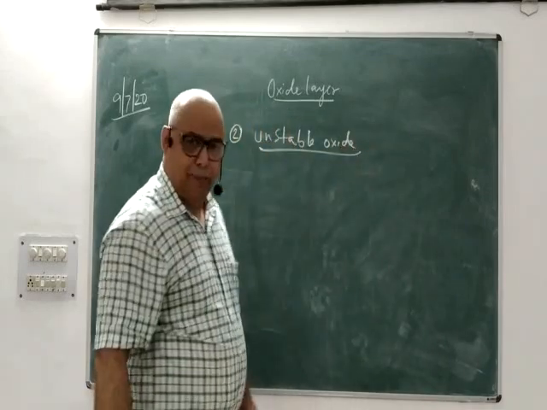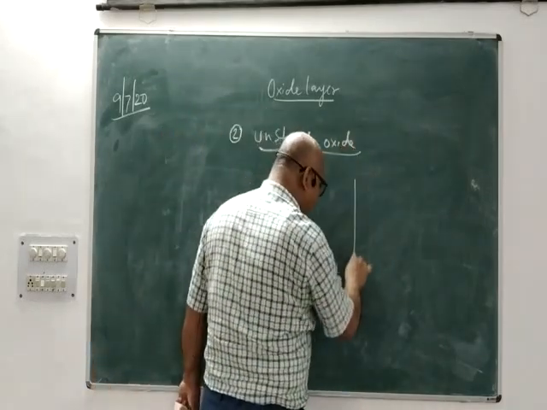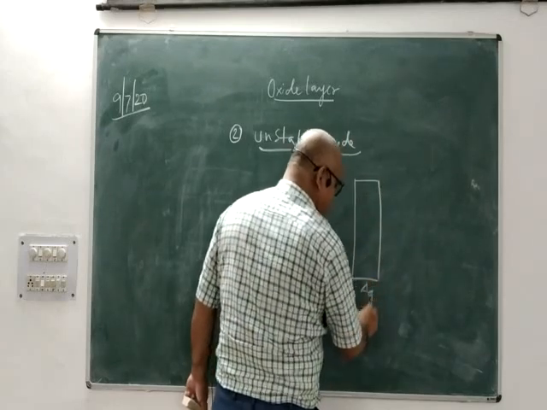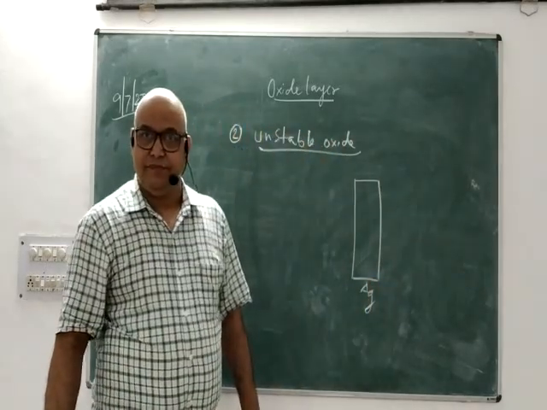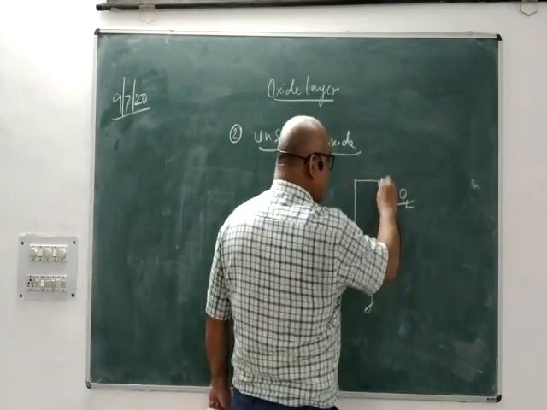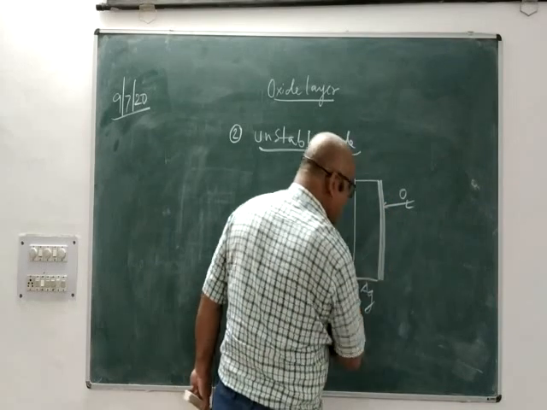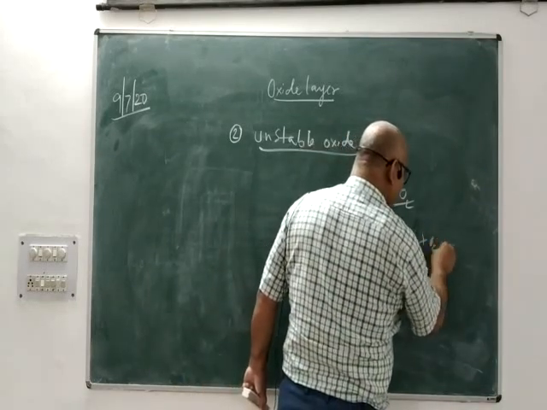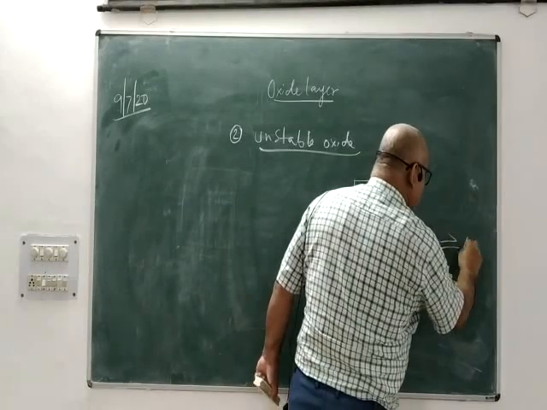What does it mean? Suppose you have made a metallic structure made of silver. Oxygen is there in the environment. It will be attacked and silver oxide will be formed. Silver plus oxygen gives silver oxide.